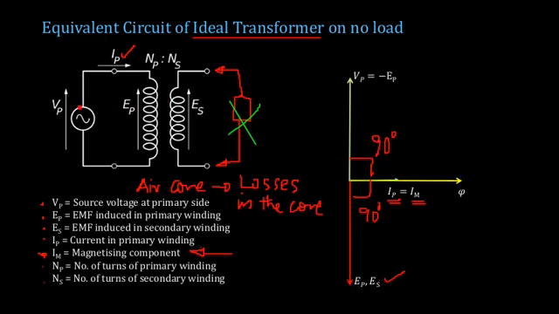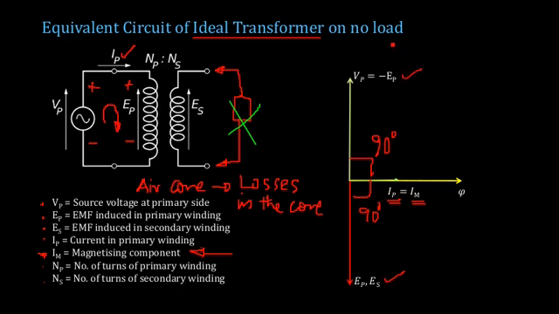Now if you take the instantaneous values of Vp and Ep, suppose at any instant Vp is positive and it is like this, Ep also will have such a polarity. Once you take a KVL in this loop, you will get that Vp is equal to minus Ep.